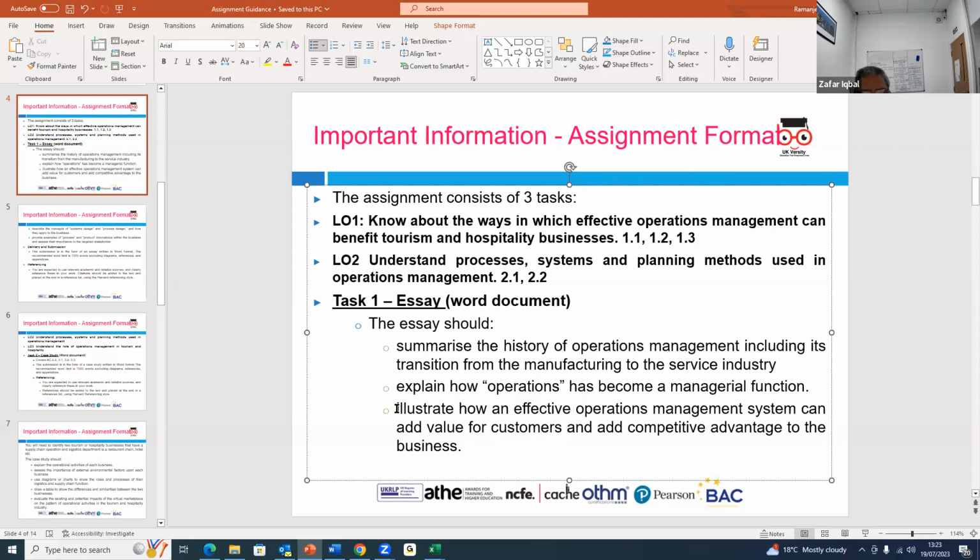It's asking you to give examples or show how operations management adds value to customers and helps you stay competitive against your competitors, i.e. how you can reduce costs, save cost, yet produce better productivity, and increase your productivity compared to your costs.